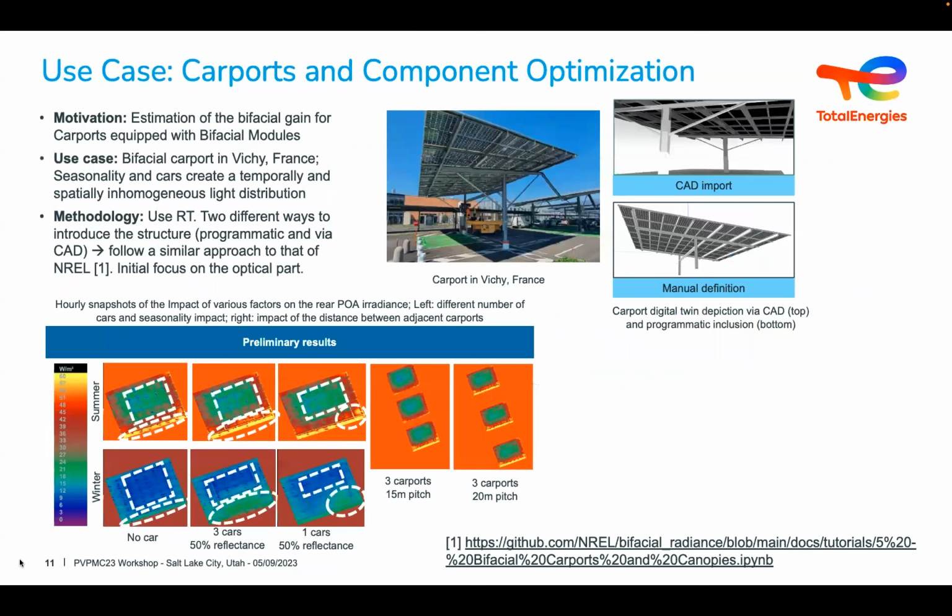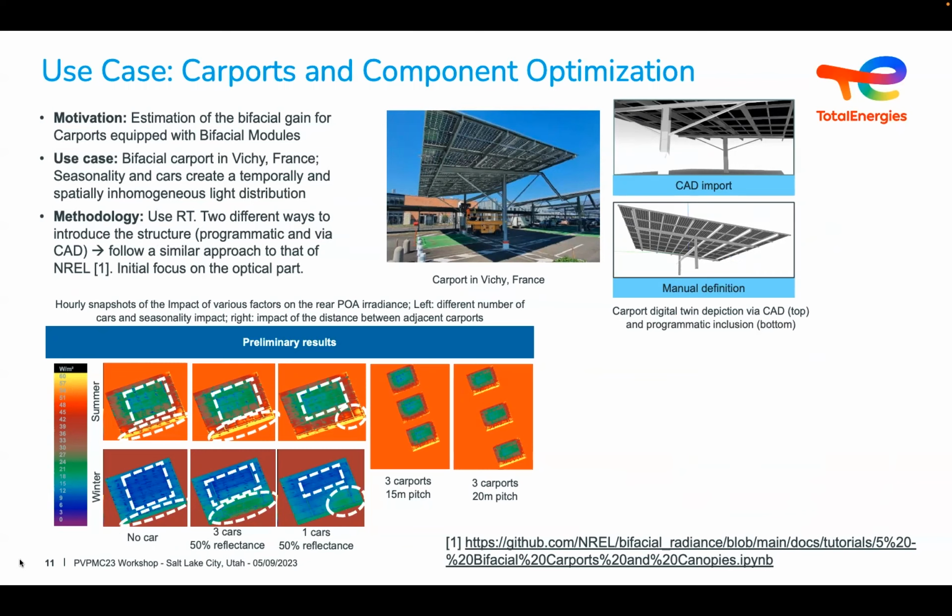The last use case is about carports and how we can optimize the design. Carports, you can see them more and more, but in this case, we are about to use bifacial modules, which makes the overall modeling even more challenging, both in terms of optics and electrical mismatch.